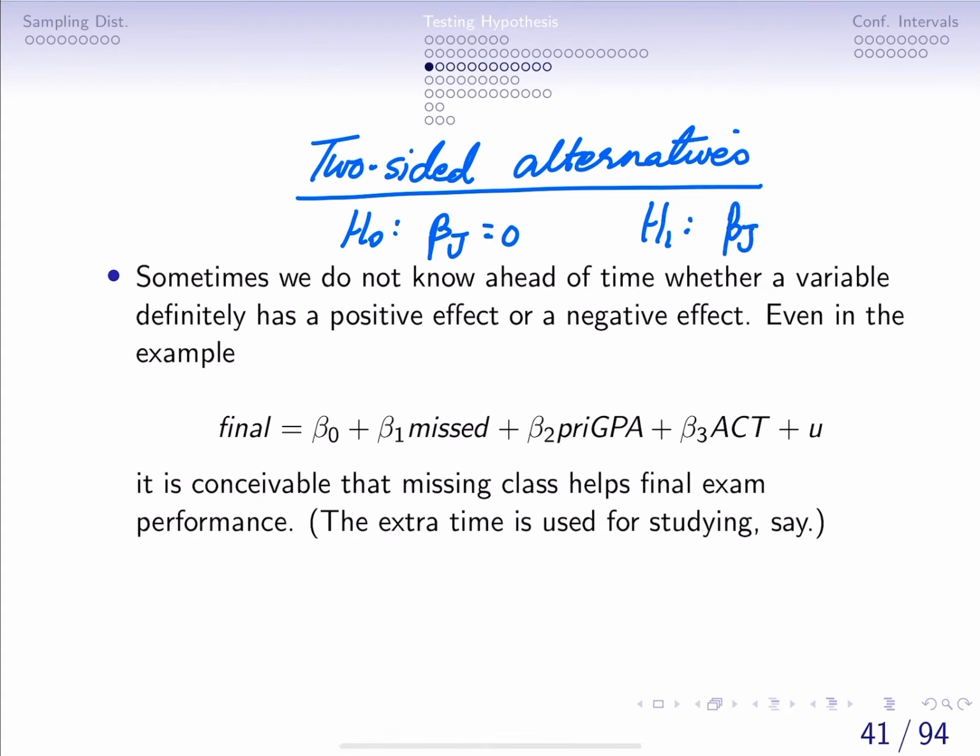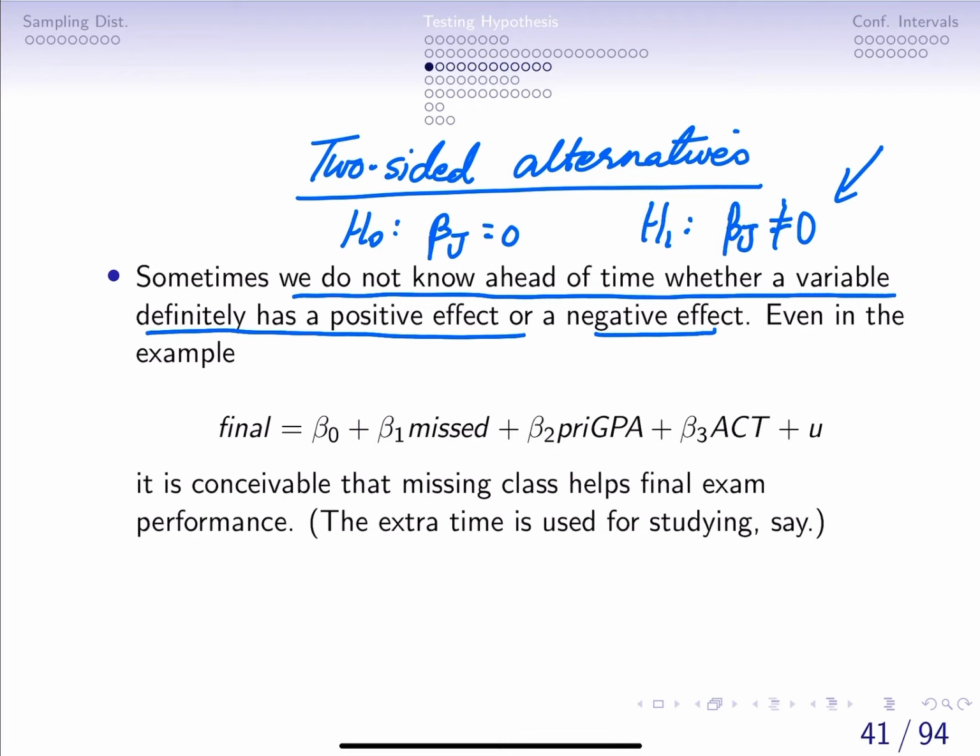We're basically saying beta j is not equal to 0. So when you have an alternative set up in this way, we are testing against two-sided alternatives. This is something we do when we do not know ahead of time whether a variable definitely has a positive or negative effect.